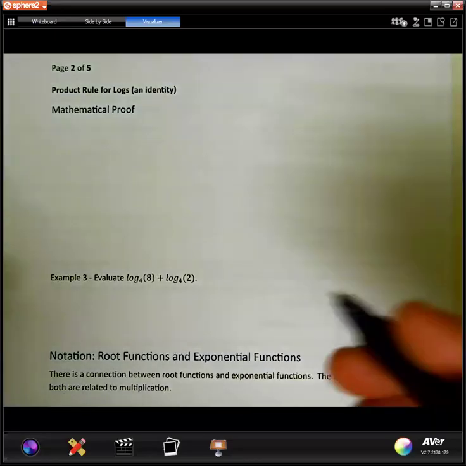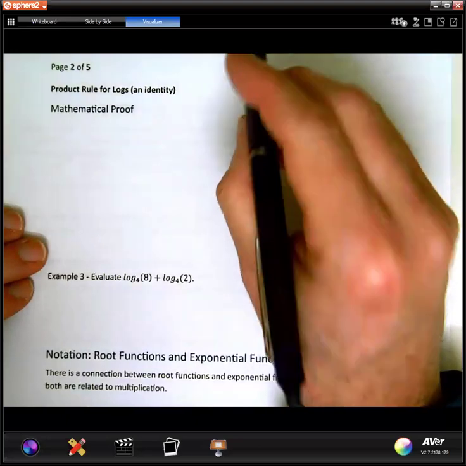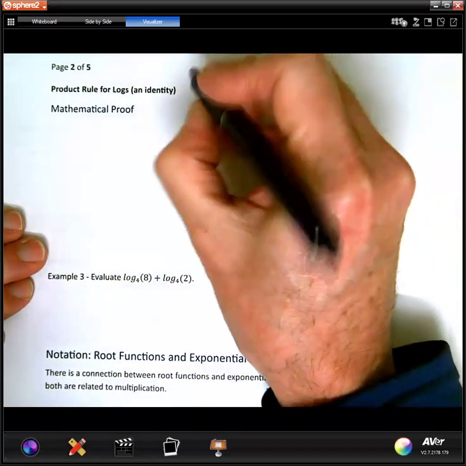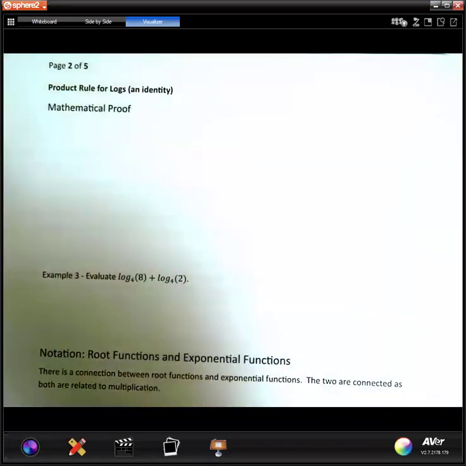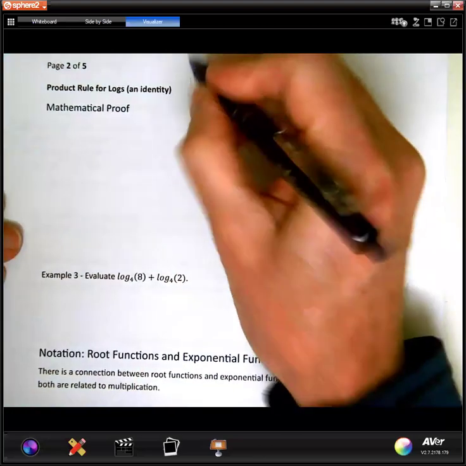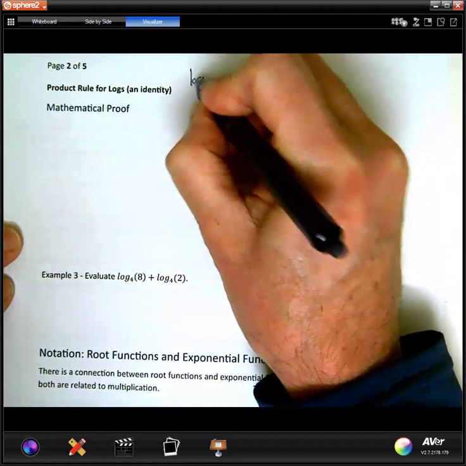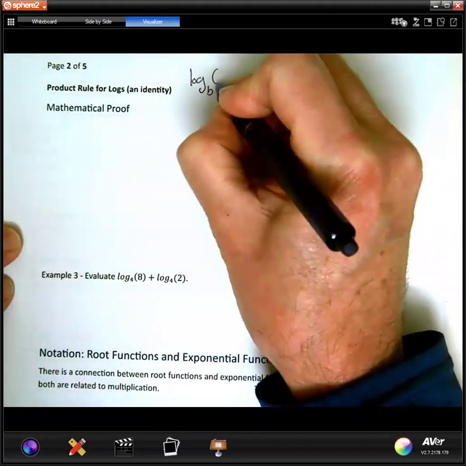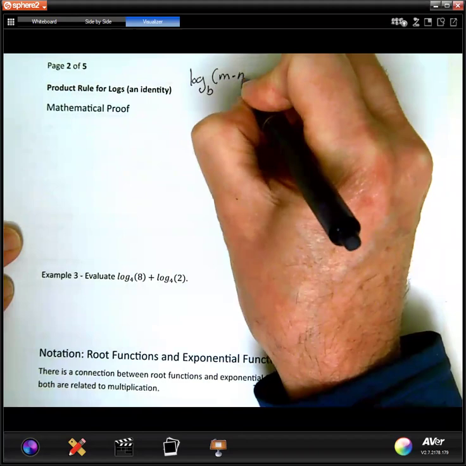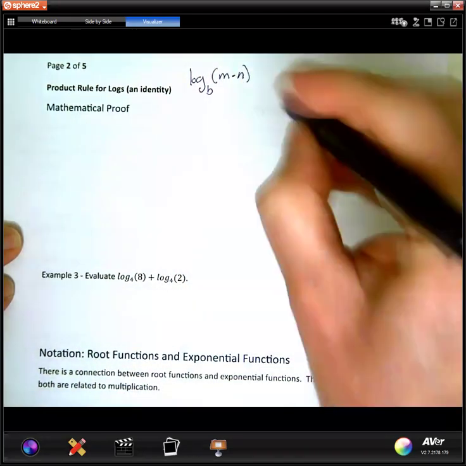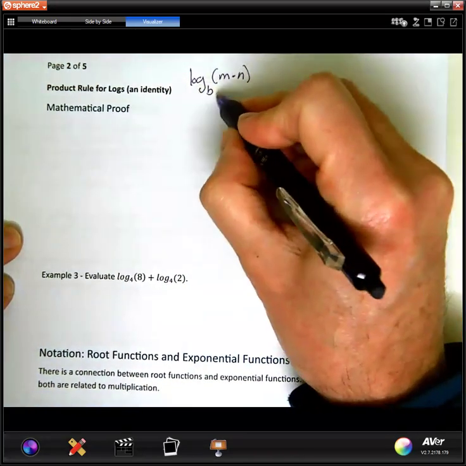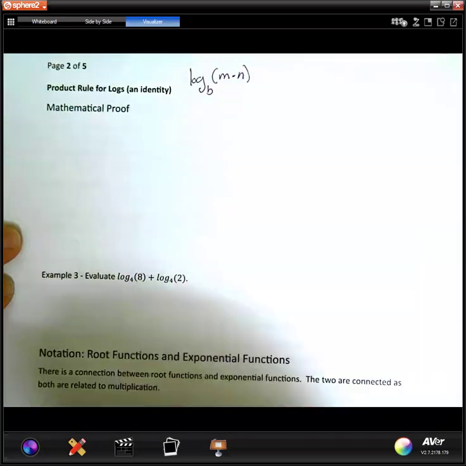So let's look at the product rule for logs, which is an identity. What we have is log base b, and we have a product inside, which I call M times N. Again, notice this is function notation that I'm writing here.